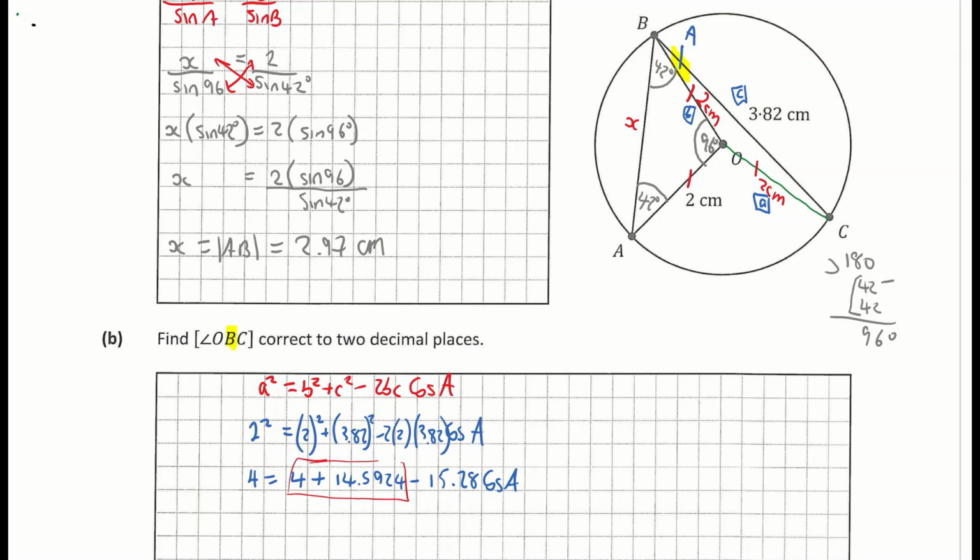Don't put the minus 15.28 because it's stuck to the cos. So I have 4 is equal to 18.5924, minus 15.28 cos A.